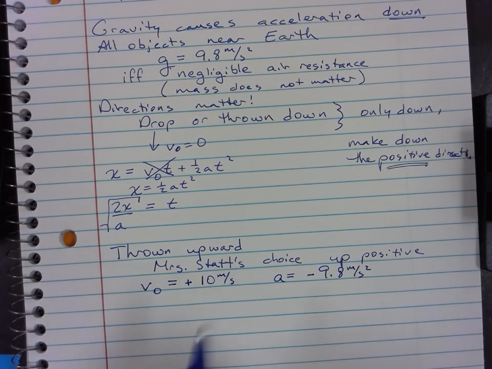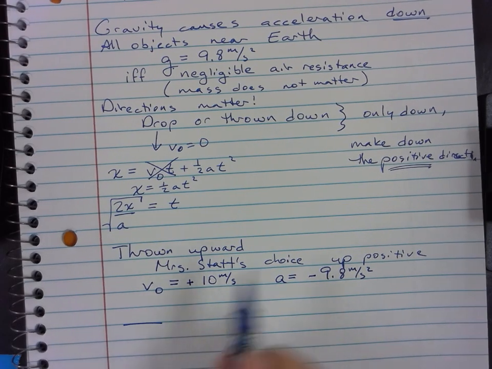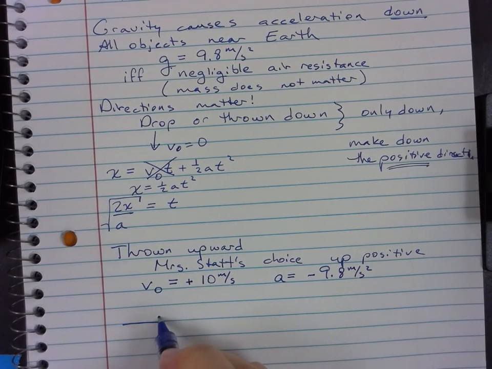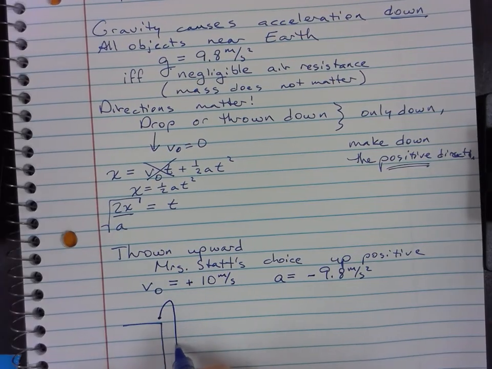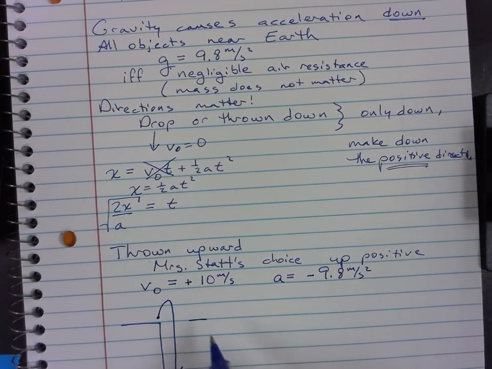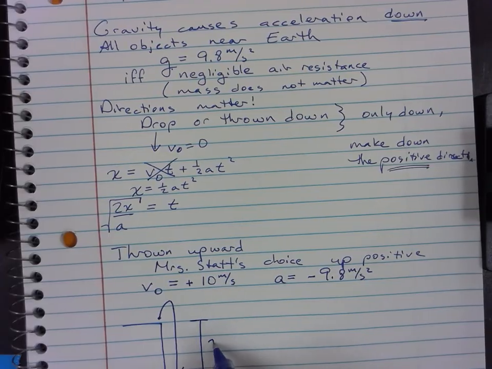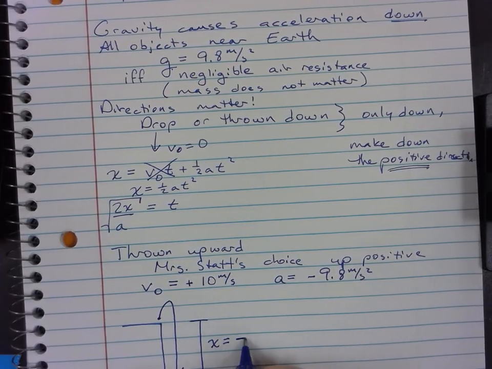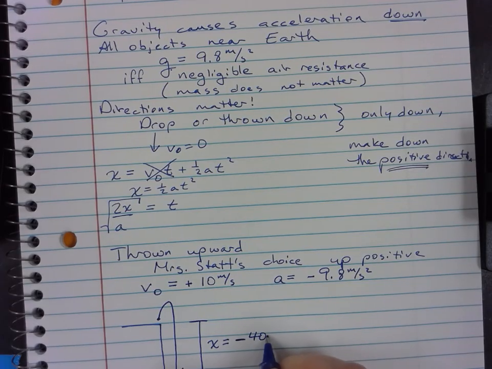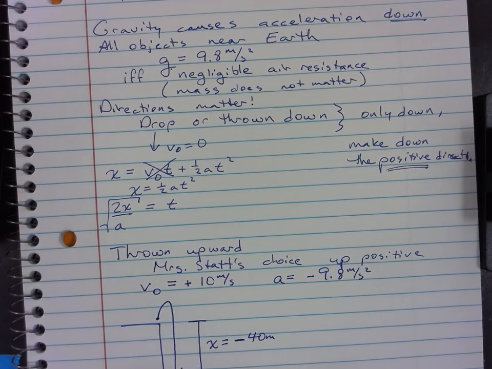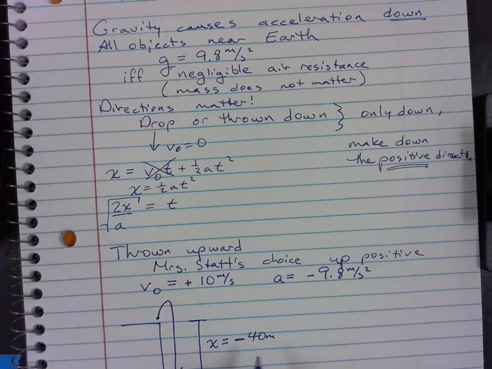And then you would need to be careful about displacement. So if an object is thrown from the top of this hill and ends up at the bottom, this displacement is negative 40 meters because this ball ended up 40 meters below where it started, and we made up positive for this one.